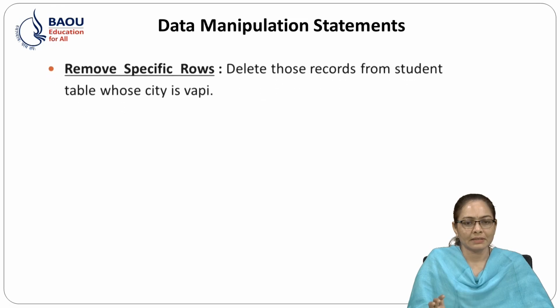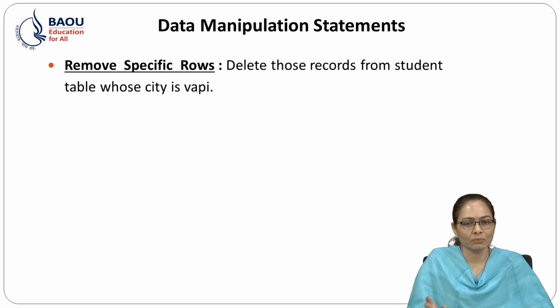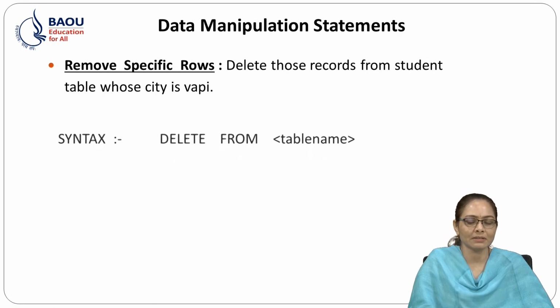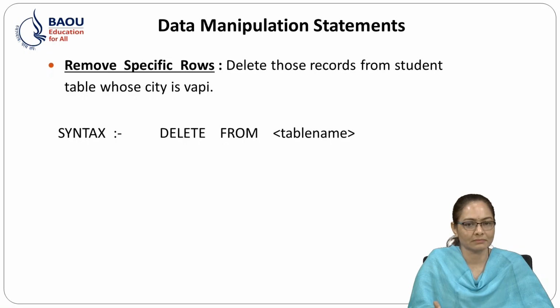Next, we remove specific rows. Delete those records from the student table whose city is Vapi. This command is used to delete particular records only.